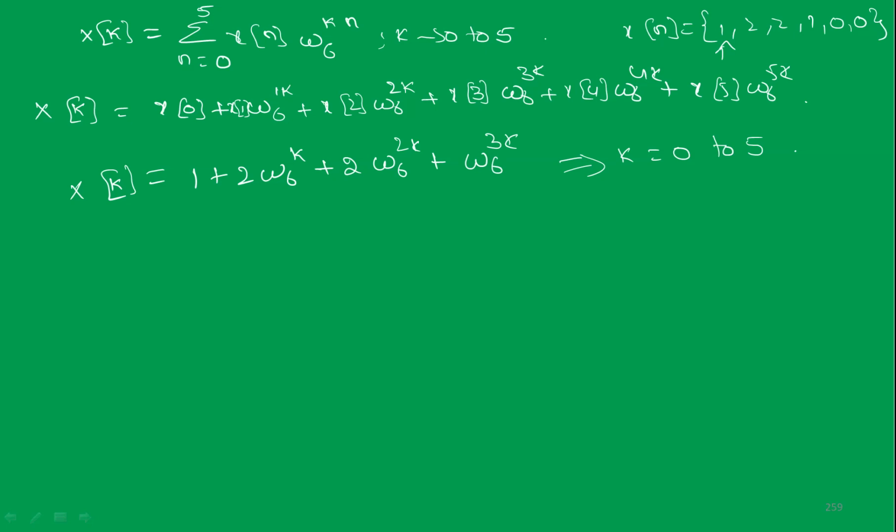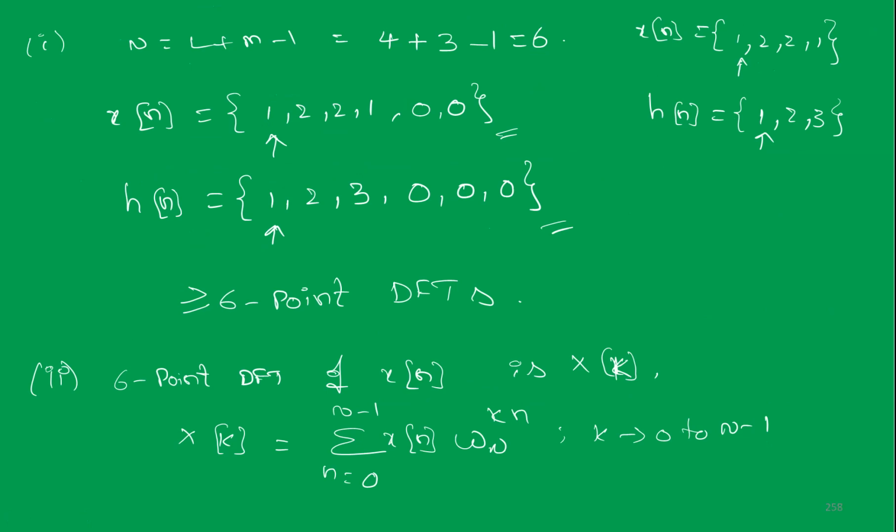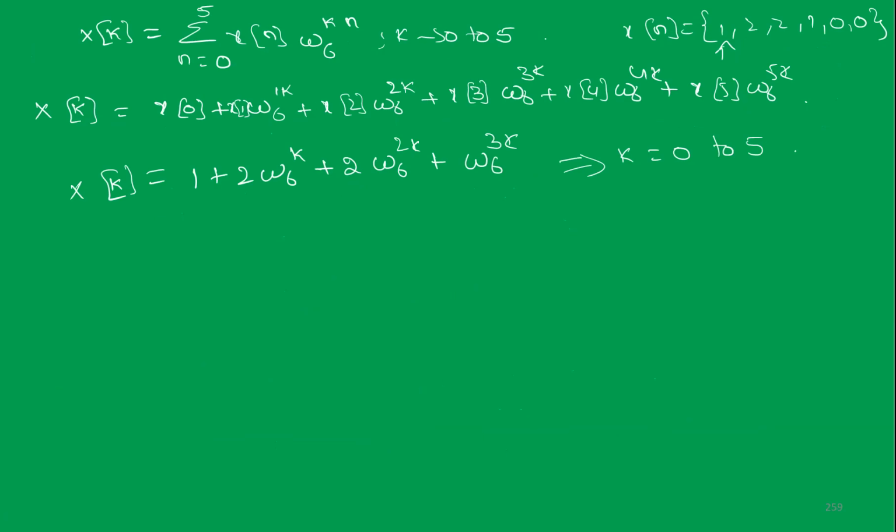Right. So now first one, x of 0. One plus 2, W6 power 0 means 1.